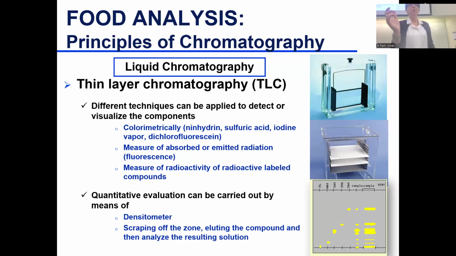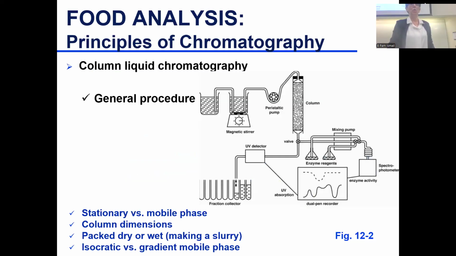Any questions? All right, now we go to business. We talk about column liquid chromatography. So I'll talk about the low pressure column liquid chromatography, and then we will have, if not this week, next week, a lecture on high pressure or high performance liquid chromatography.